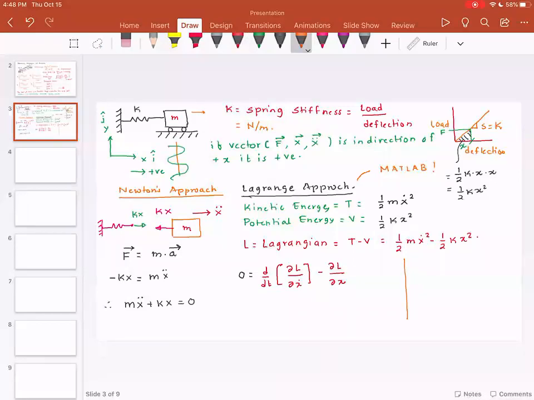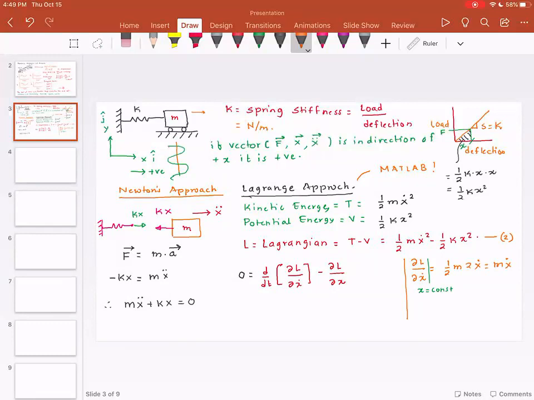Everyone knows my Lagrangian is given in equation 2. This is the Lagrangian. So let's first find partial L by partial x dot. Please note, we are finding a partial derivative. What it means is that when we do this, x is equal to constant. So my equation becomes 1 half m 2x dot, which is nothing but m x dot.